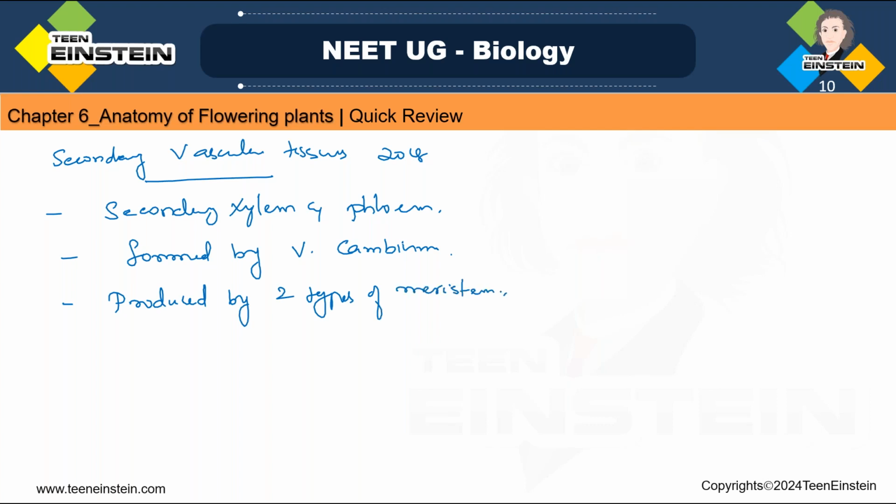This is produced by two types of meristems, that is fascicular or intrafascicular and interfascicular cambium.